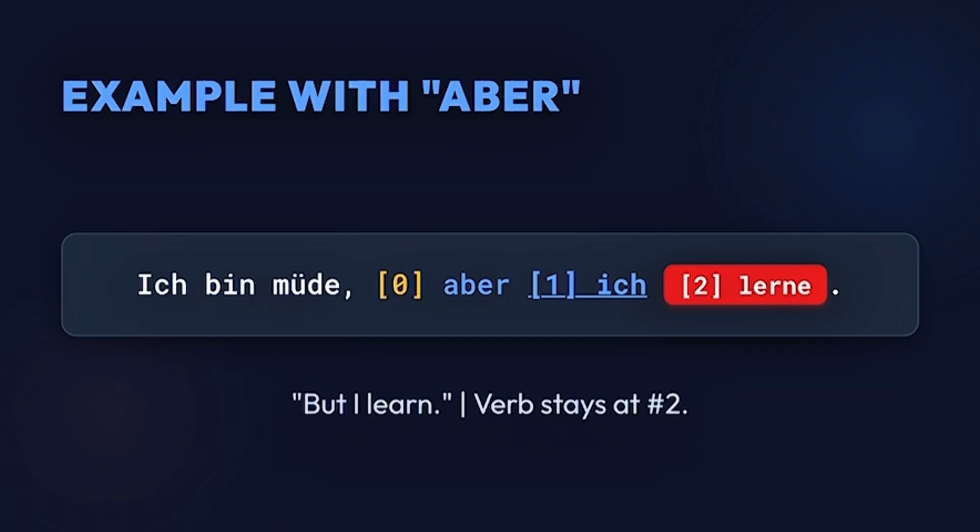Aber, we do not count even as a position. It stays in position 0. Ich is in position 1, the first position, and only after the subject ich, we can put the conjugated verb that came from the verb lernen. Ich lerne, to learn. Lerne is in the second position of this sentence.